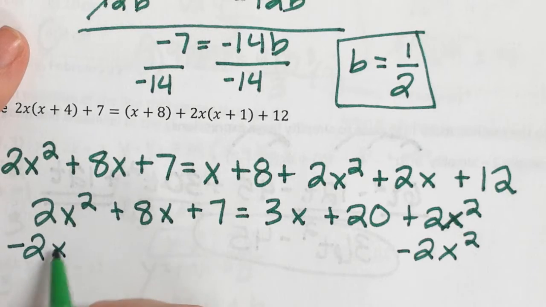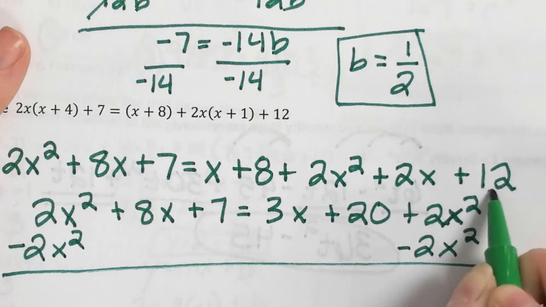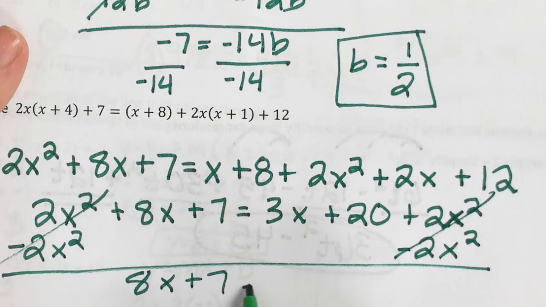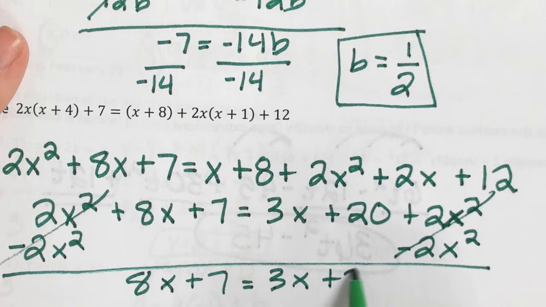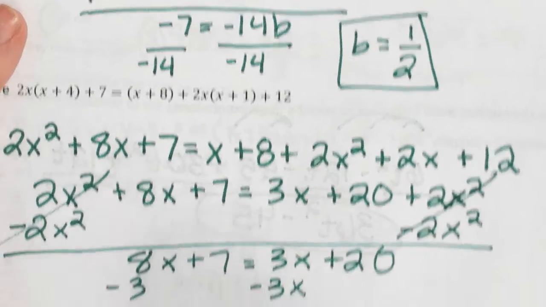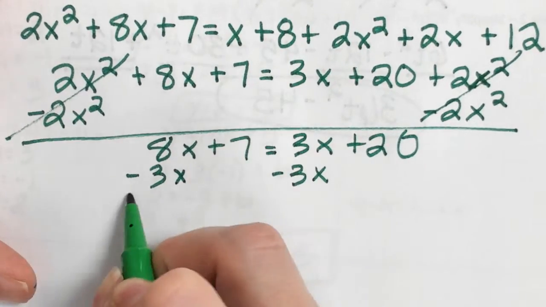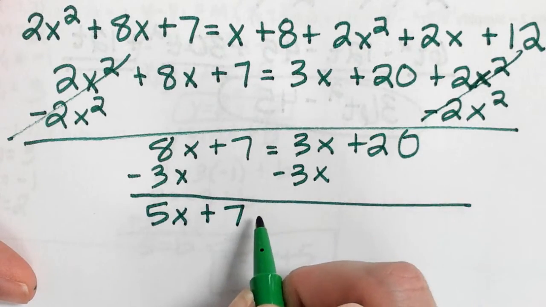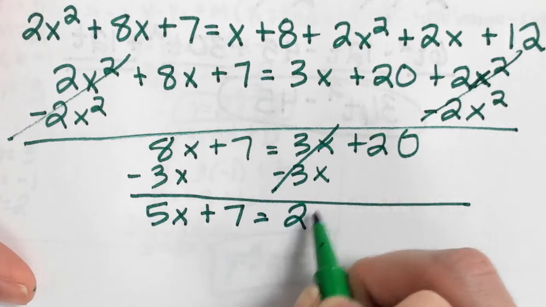Okay, so remember, these should be canceling out every time. For right now. So now I subtract 3x. And I get 5x plus 7 is equal to 20.